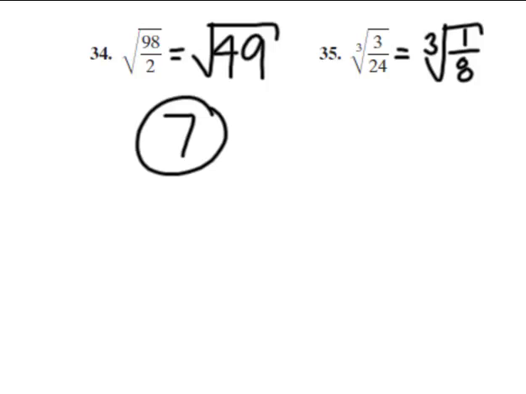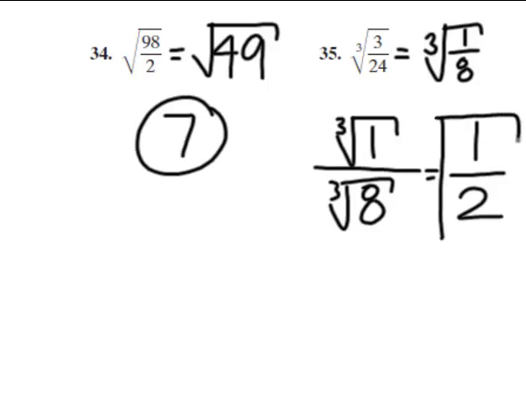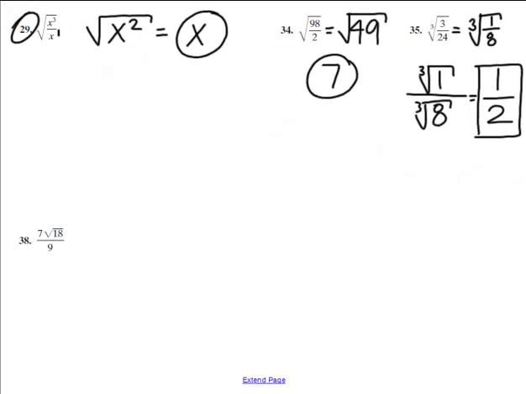We need to split this up into the cube root of 1, what's on top, divided by the cube root of 8, what's on the bottom. And now these are perfect cubes that we can simplify. The cube root of 1 is just 1, and the cube root of 8 is 2. 1/2 is perfectly acceptable. We can have a fraction in our answer as long as there is no radical involved.